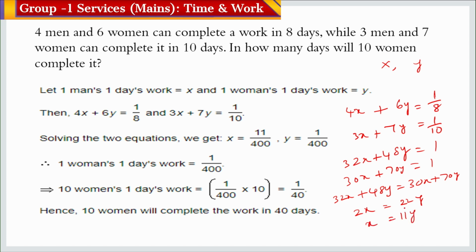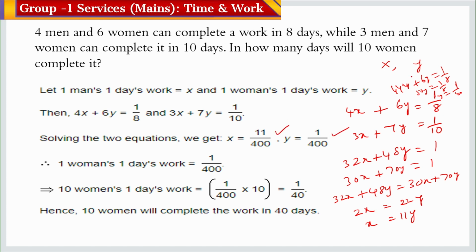So, substitute this one. 4x is 44y plus 6y is equal to 1 by 8, means 50y is equal to 1 by 8, y is equal to 1 by 400. So, y is equal to 1 by 400 and x is equal to 11 by 400.